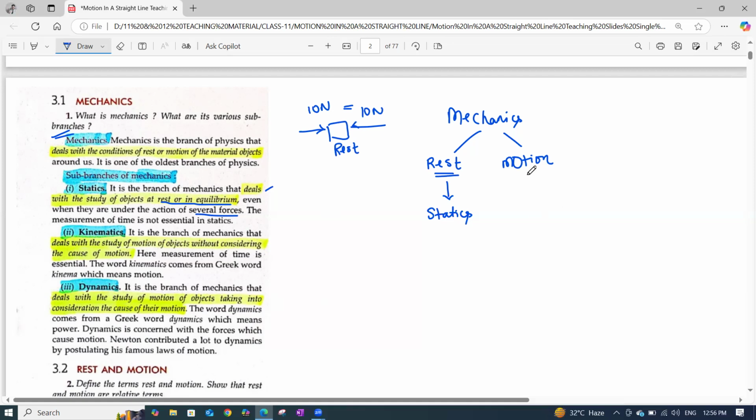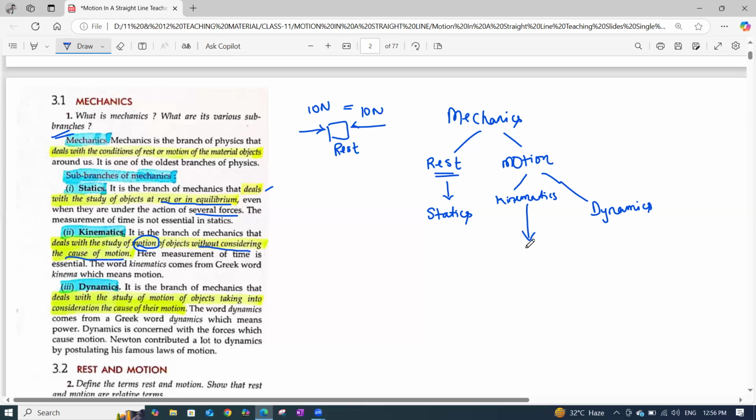Then when a body is in motion, again, there are two sub-branches. First one is kinematics. Second one is dynamics. When a body is in motion, why do we need two branches, kinematics and dynamics? Kinematics is a branch of mechanics which deals with the study of motion of an object without considering the cause of motion.